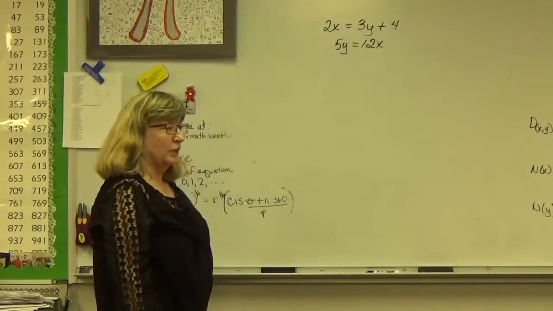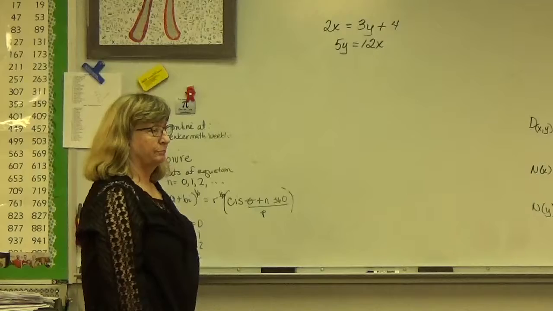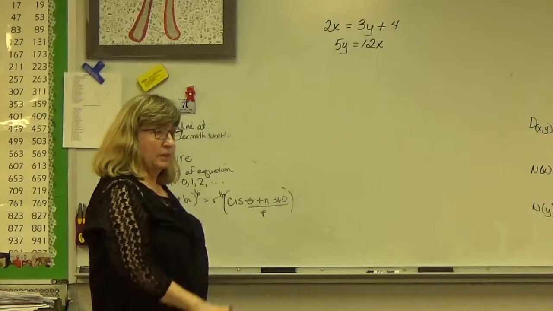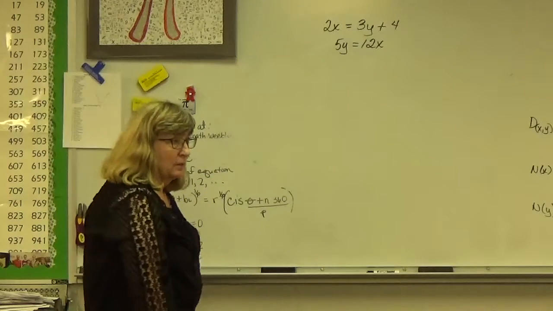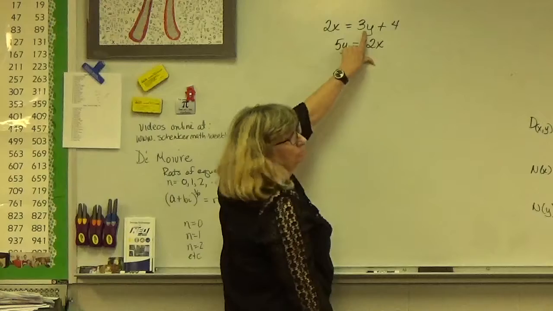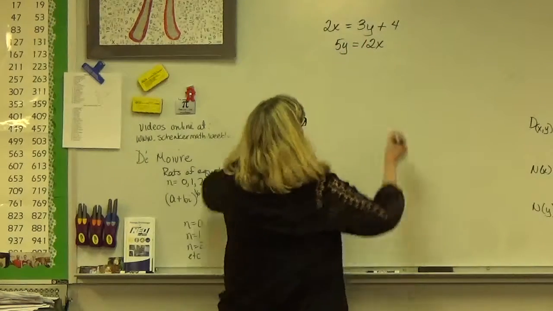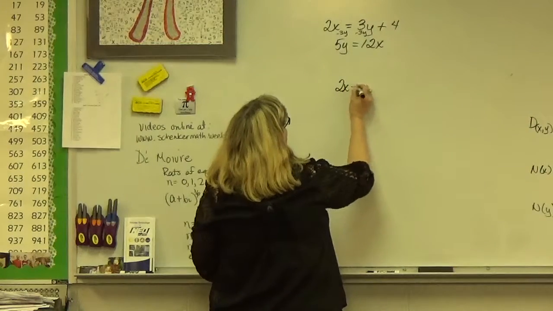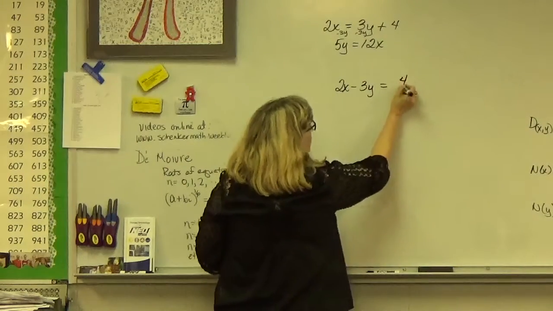Got carried away with the equal signs. You've got to get your x's and y's on the same side, and then the constant has to be on the other. So what would we do to move the x or the y? Subtract 3y? So 2x minus 3y equals 4.